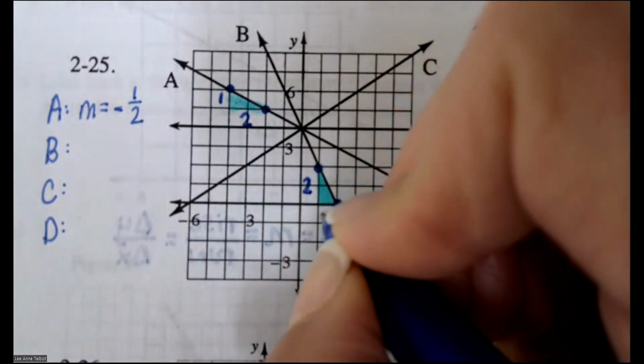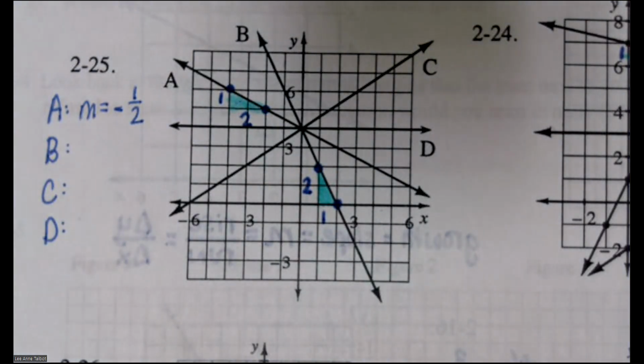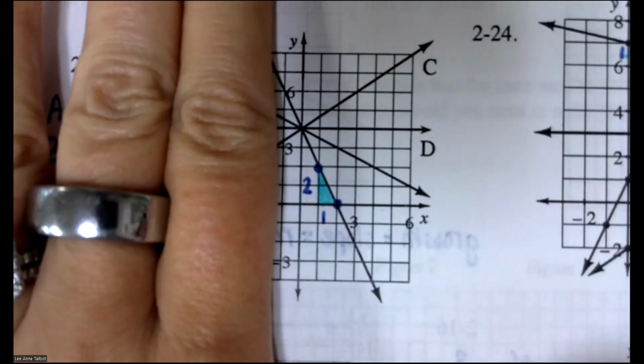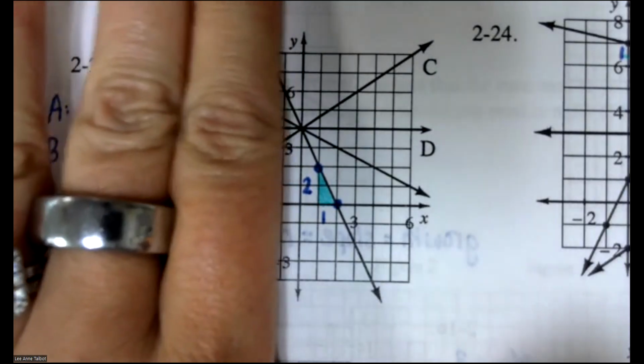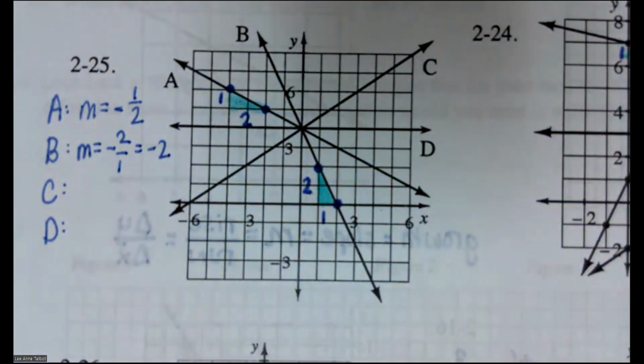Height is 2. Base is 1. This one's negative, actually. If I do the trick and cover up the left side of it, I can tell the arrow's going down. So this one actually is negative 2/1, and we write the final answer as just negative 2.